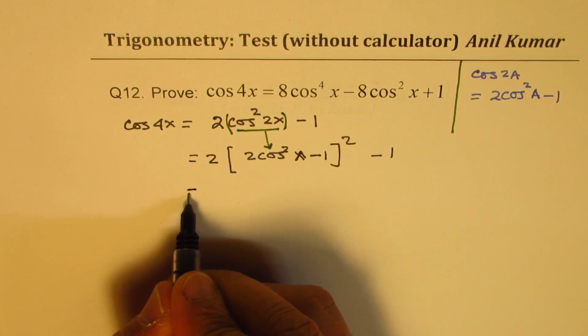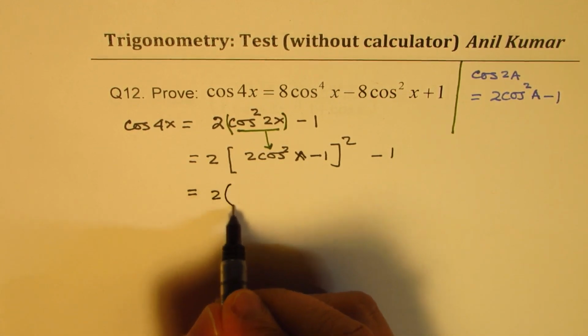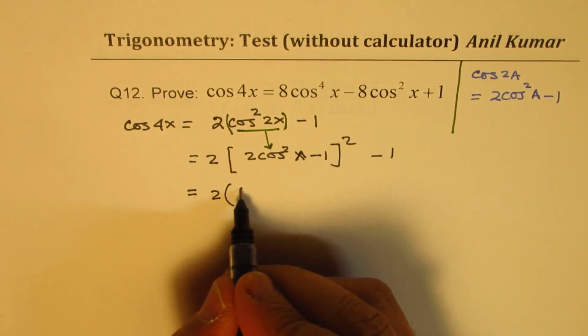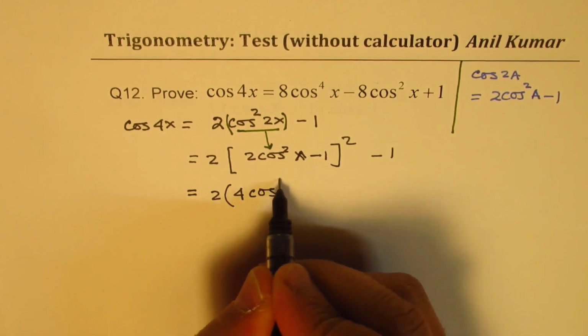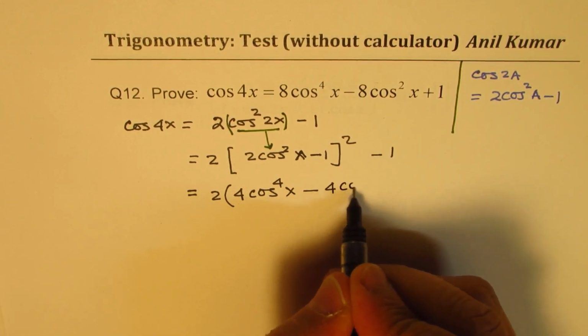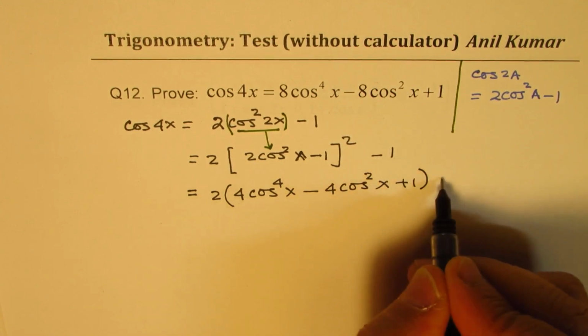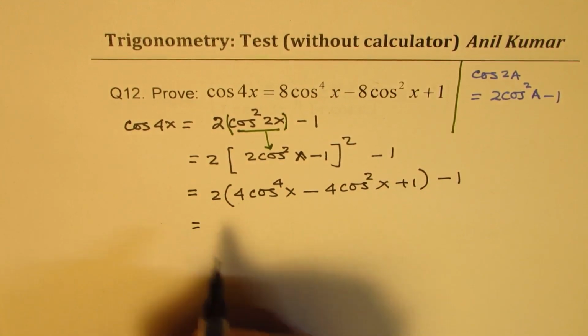So when you expand this, in that case you get 2 times. Square of this gives you 4 cos to the power of 4 x minus 2ab, that means 4 cos square x plus 1, minus 1. Let's open the bracket now.